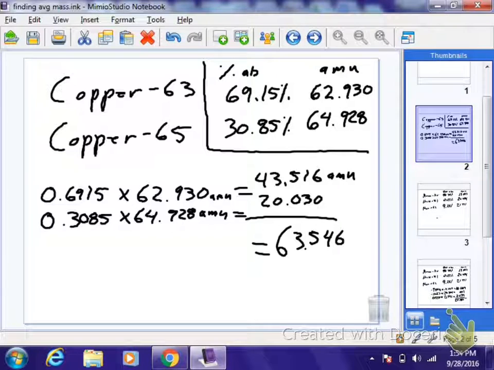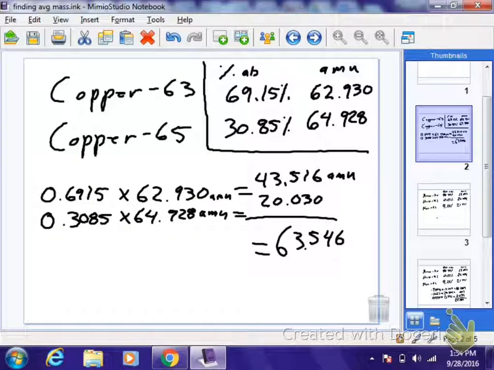So what they do is they take the decimal form of the percent. You can't take 69 times 62. You can't take 30.85 times 64.928 and add them together and expect to get the average weight, because the average weight should fall between 63 and 65.